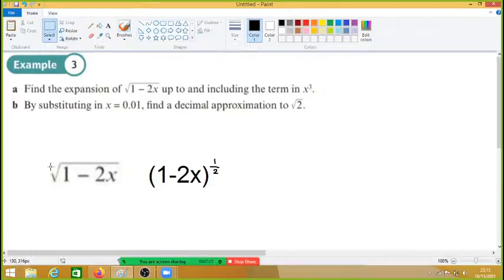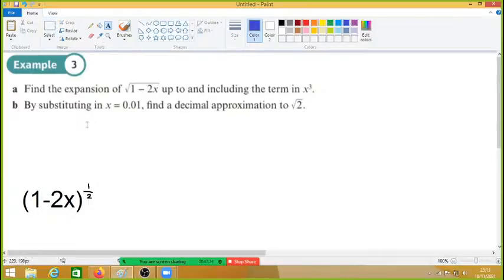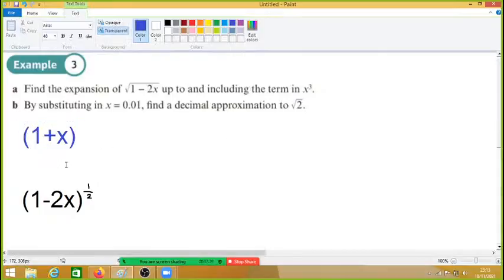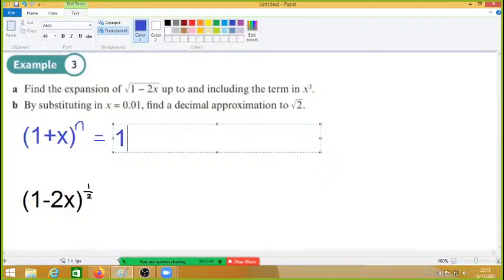And then you want to remember what your binomial expansion formula is. What does it look like? So we can just follow that same kind of form. And we'll just write that above here. So the general formula is (1 plus x) to the power n is equal to, you should be able to get the first two bits very easily now, 1 plus nx.